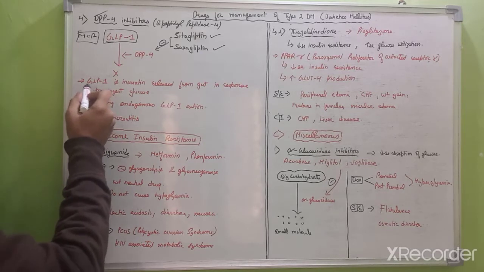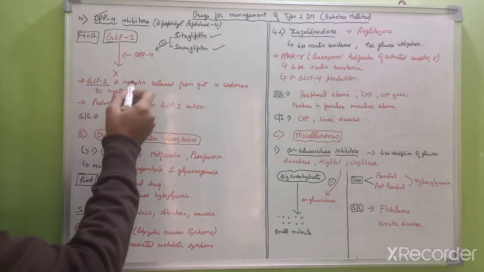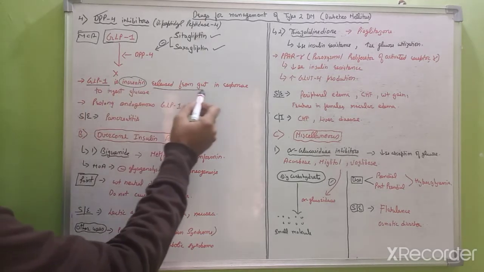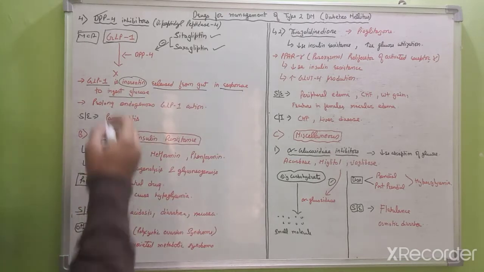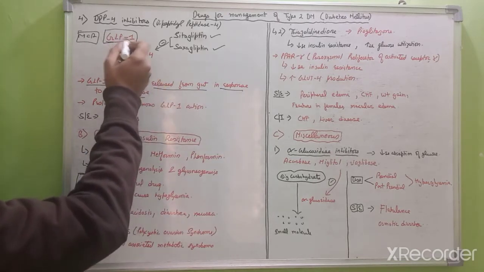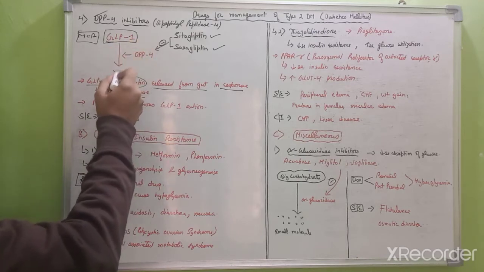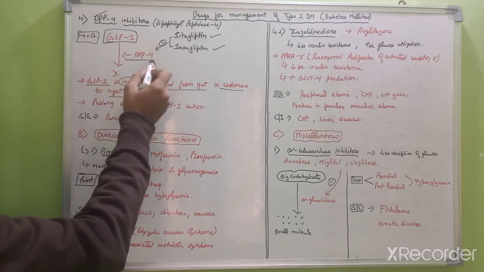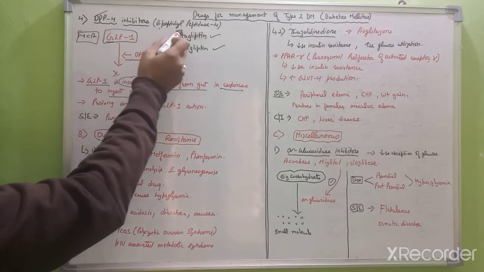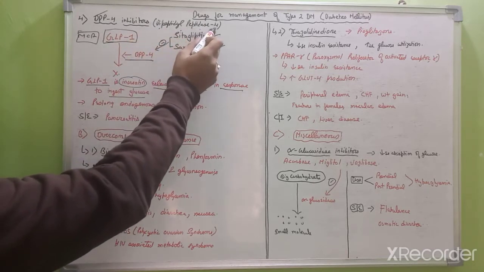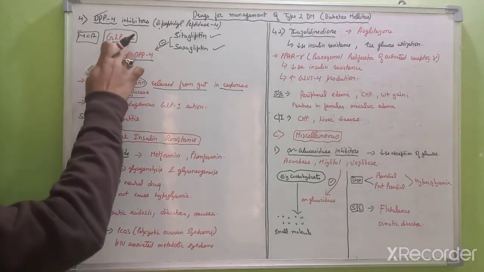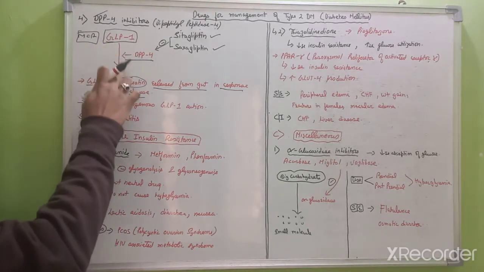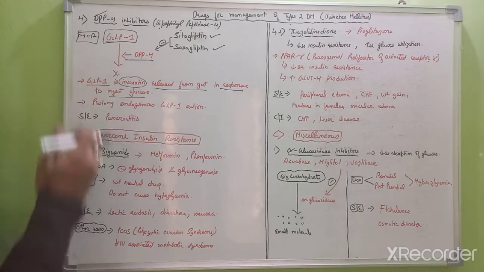We know glucagon like peptide 1 is an incretin which is released from the gut in response to ingested glucose. After its function, GLP-1 gets metabolized with the help of the enzyme dipeptidyl peptidase 4. So if GLP-1 gets metabolized, it will not perform its function.